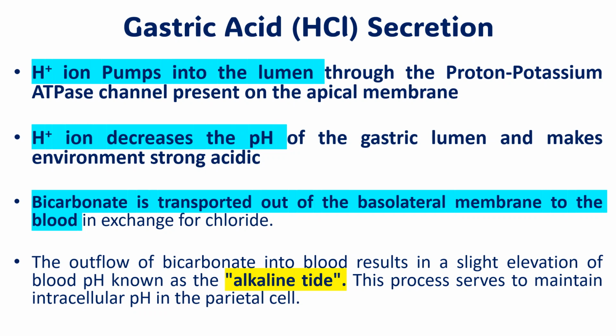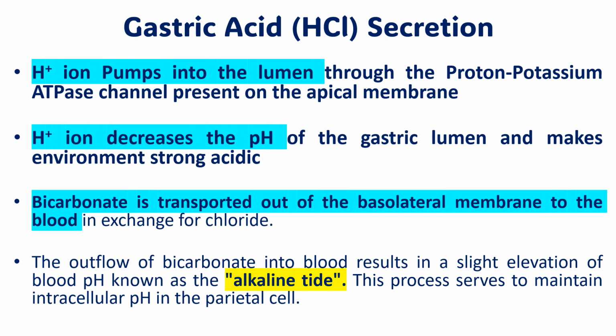This H+ ion, which we have got from carbonic acid, is pumped into the lumen through the H+/K+ ATPase, the proton potassium pump, which is present on the apical or luminal membrane. This H+ coming into the lumen decreases the pH of the gastric lumen and makes the environment strongly acidic.